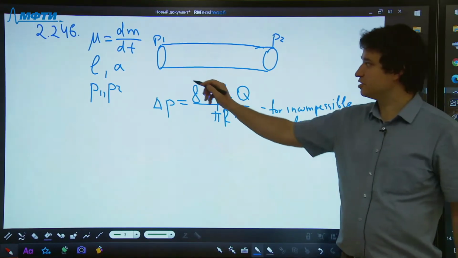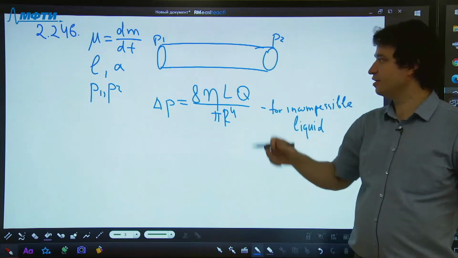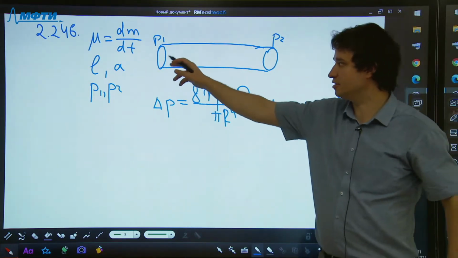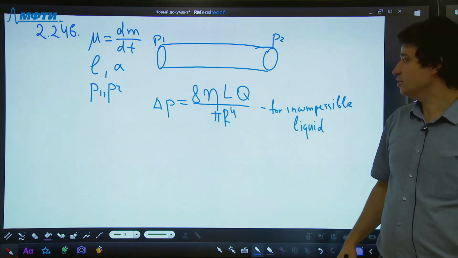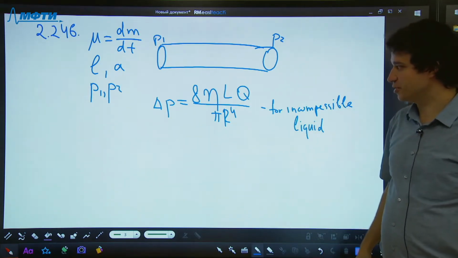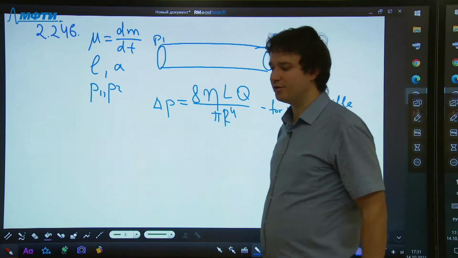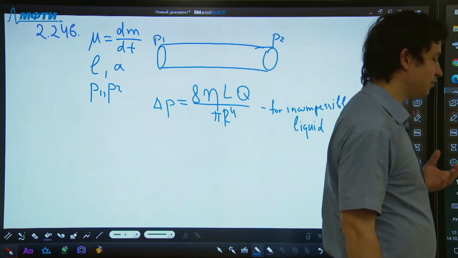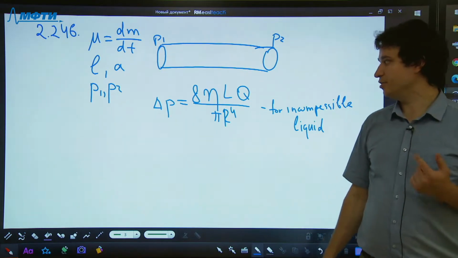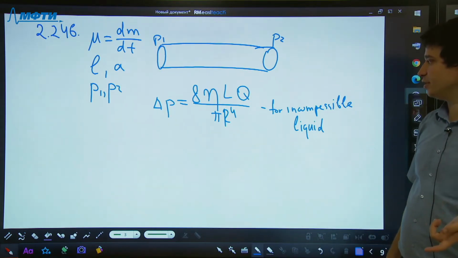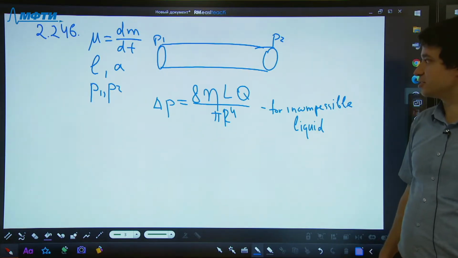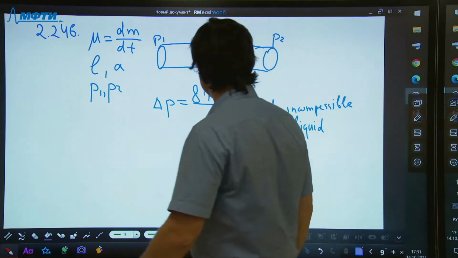And of course, since the pressures in here and here are different, that means that the density of the gas in this part of the pipe is also different. So we need to somehow generalize Poiseuille equation, and after this generalization it should be applicable to gas.